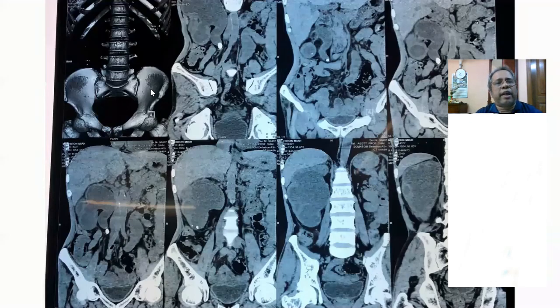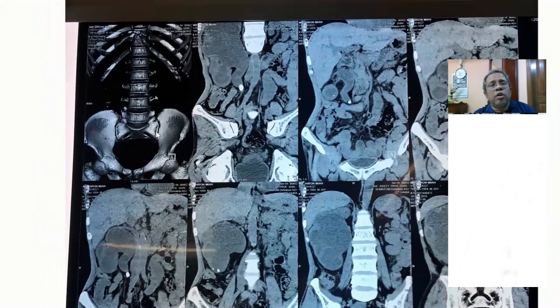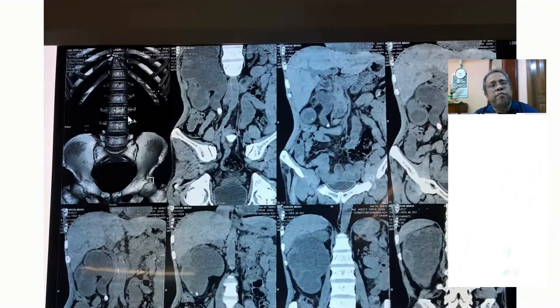You look at the picture. This plain CT just looks like a plain X-ray, nothing else, but the image quality is so high because it is a high resolution film.